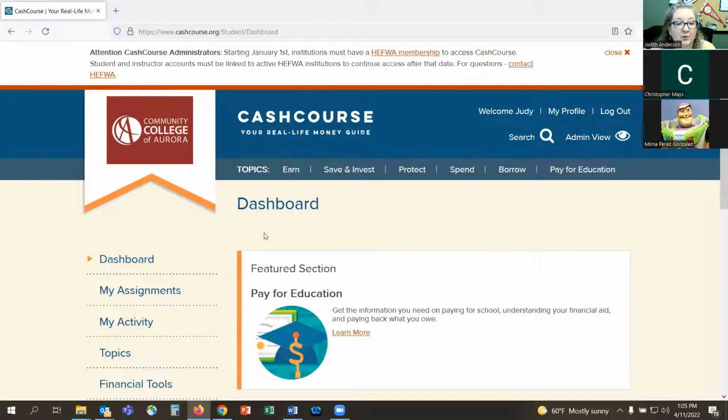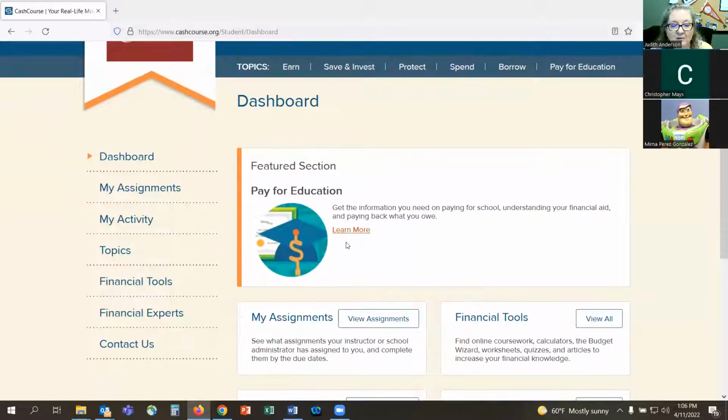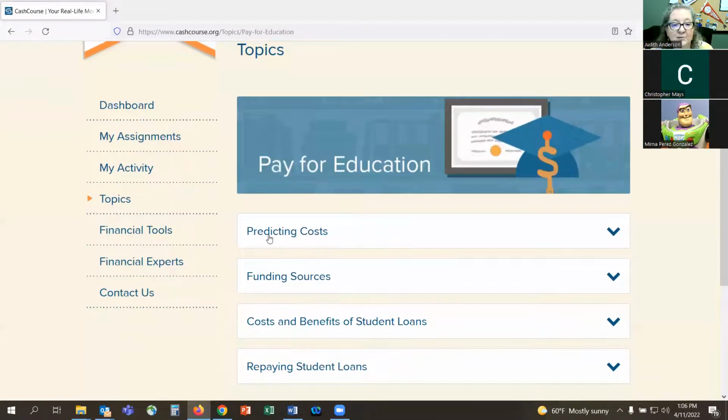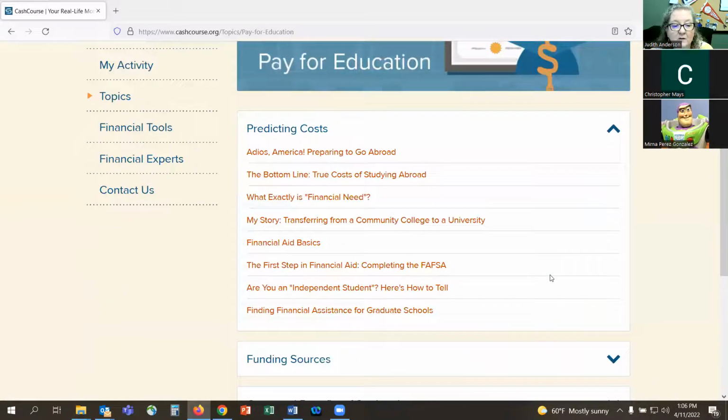Here you find the dashboard like we were looking at earlier, and the featured selection has changed. Last time we looked, it was for borrowing. Now it's for paying for education. If you want to look into that topic, you would click on Learn More. Here's predicted costs with other drop downs.